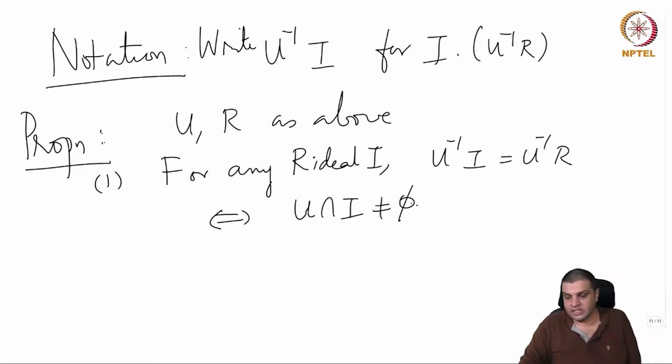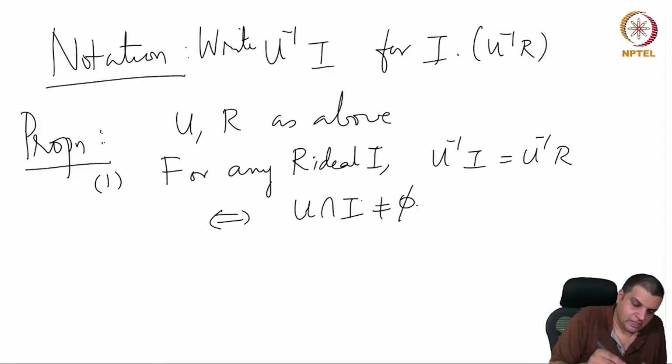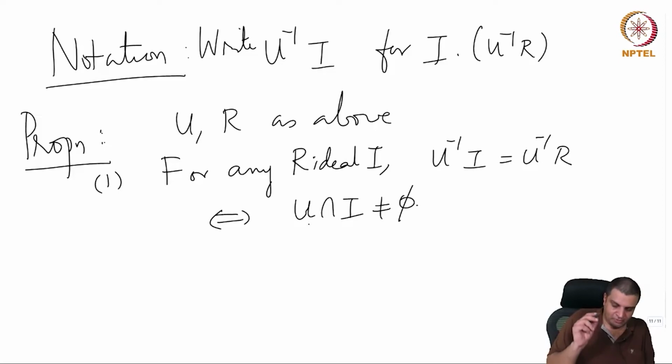And the reason is, if this is true, then there will be some element inside I, and 1 over that will also be inside this ring, so some a divided by a, that will give 1. You should write out the details. So U inverse I becomes a full ring if and only if I intersects the multiplicatively closed set that was inverted.